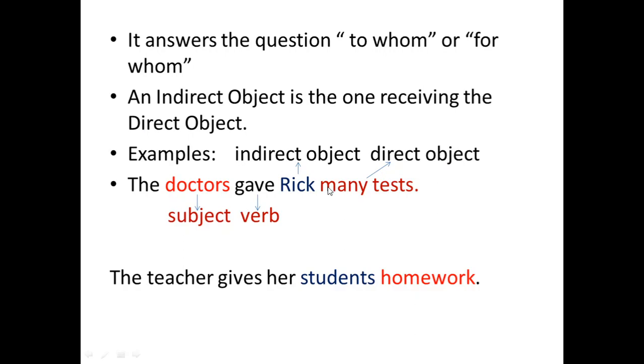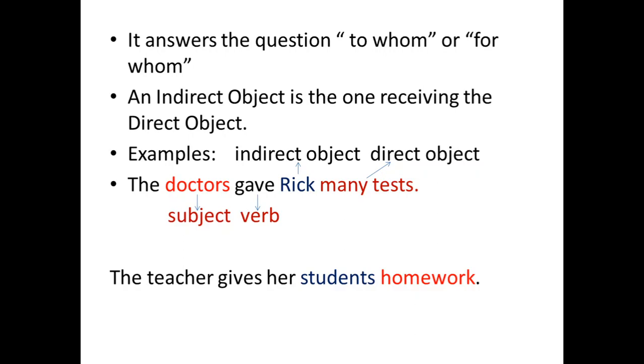So here, another point to make it easier to find the indirect object is this. The indirect object came before the direct object. The students are the ones who are going to receive the homework. The teacher gave the homework.